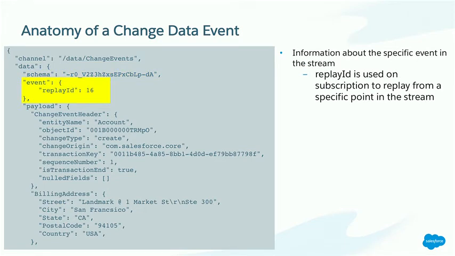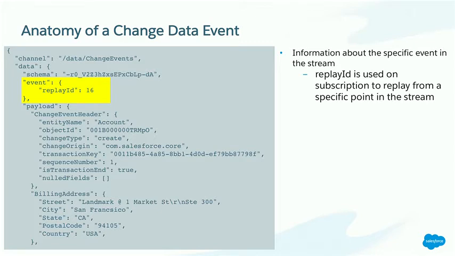Next is the replay ID. This is how we guarantee durability on our event streams. When you subscribe to a channel, you provide the channel name and also a replay ID. The replay ID is a distinct value that's associated with each event, and with that ID, we're able to replay across that time window.